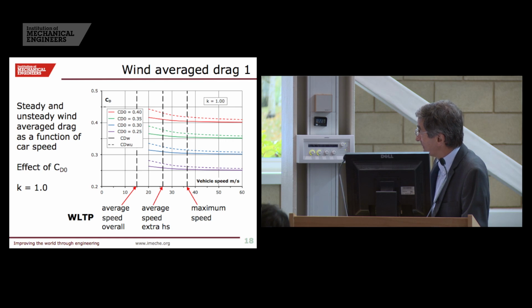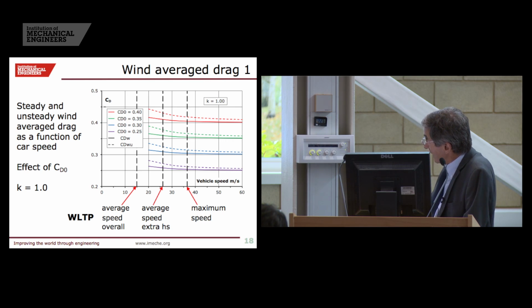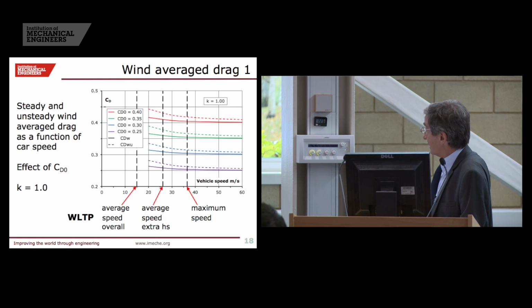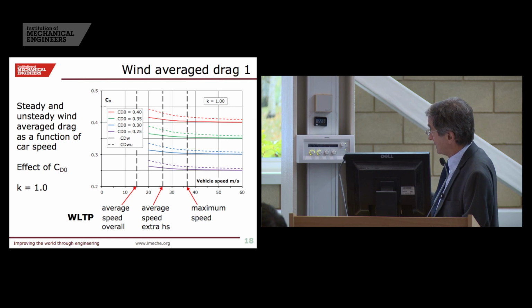If we look at then the effects on the drag coefficient, if we apply it for a particular k value of 1, and these are for different CD0 yaw values, then you can see the solid line is the wind average drag, and it changes from essentially 0 at very high car velocities and becomes increasingly significant as the car velocity reduces.